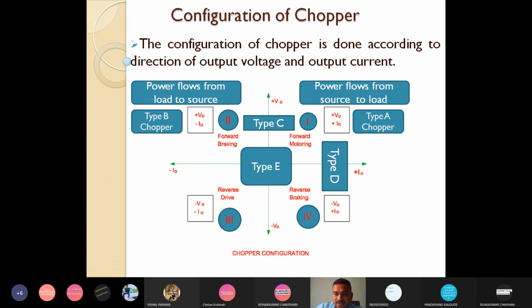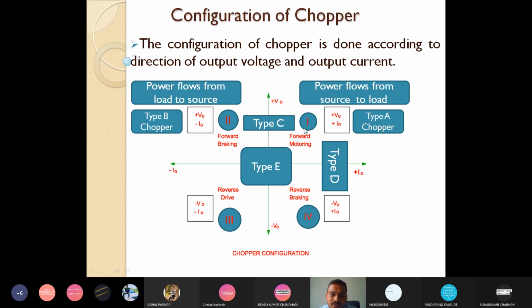That's why this type E chopper is known as the four quadrant chopper. What is the name given to the type E chopper? Type E chopper is also known as the four quadrant chopper, because it operates in all four quadrants.